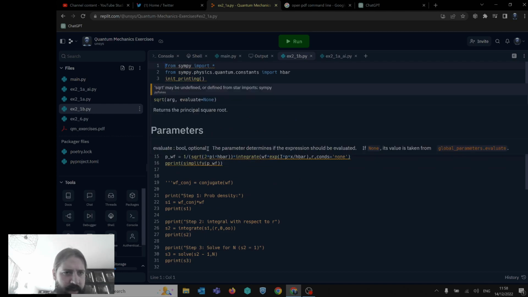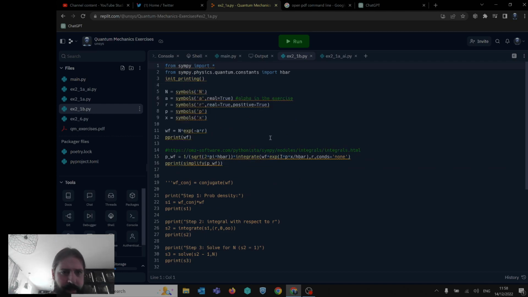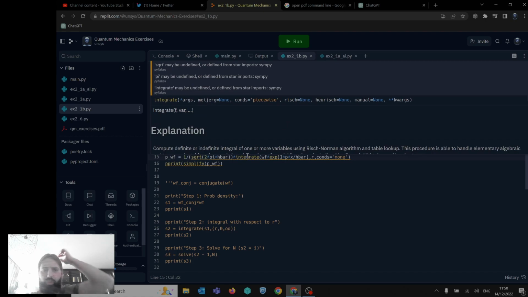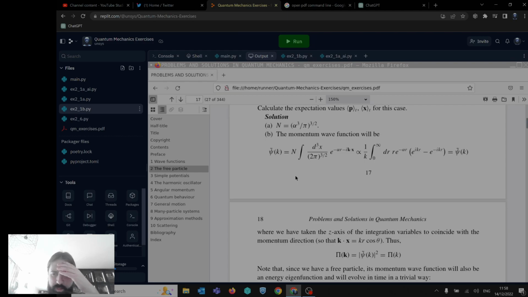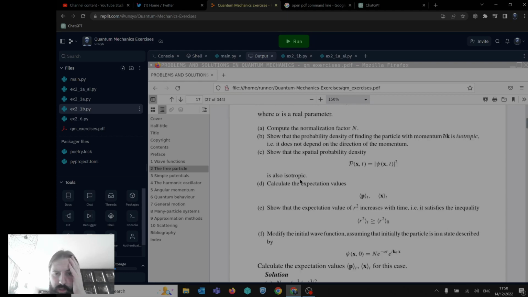And then we had exercise 2.1b. What is this? I was trying to show that the probability density of finding the particle with momentum h bar k is isotropic. It does not depend on the direction of the momentum.